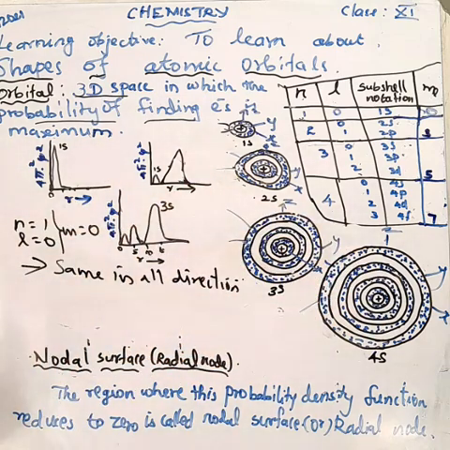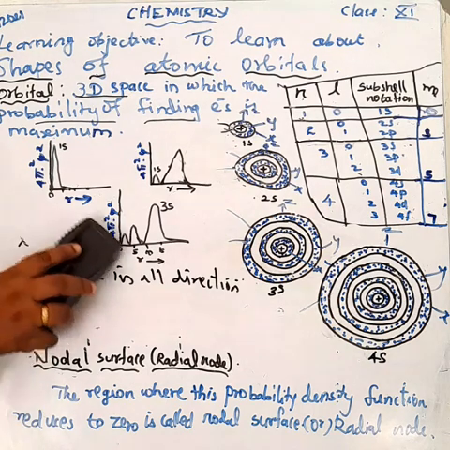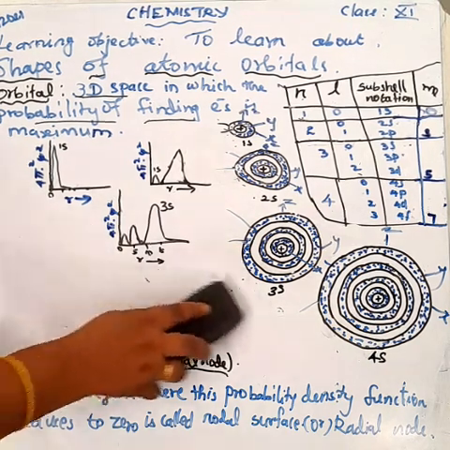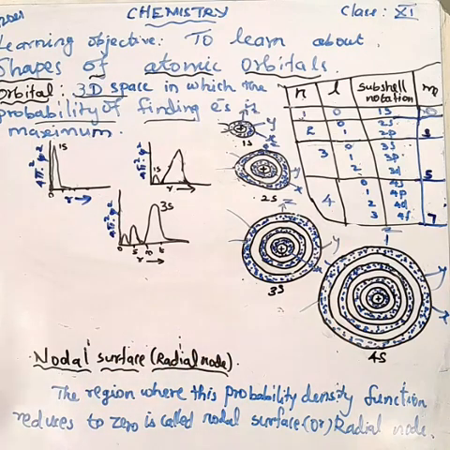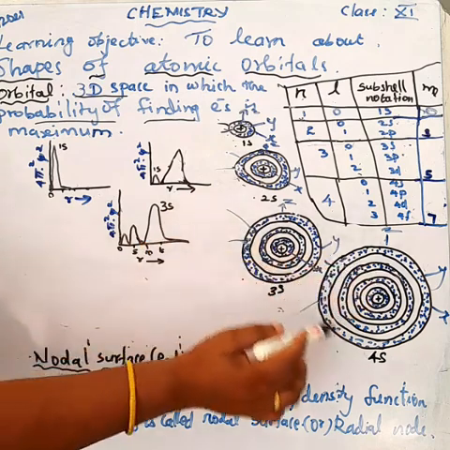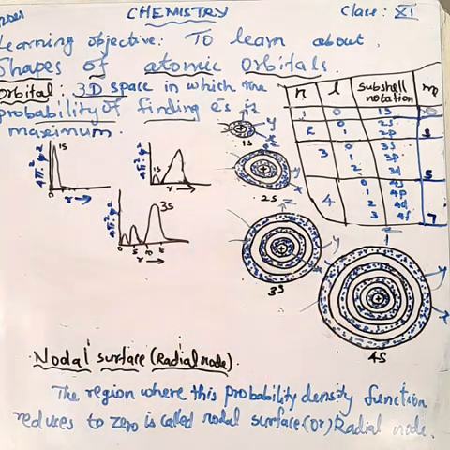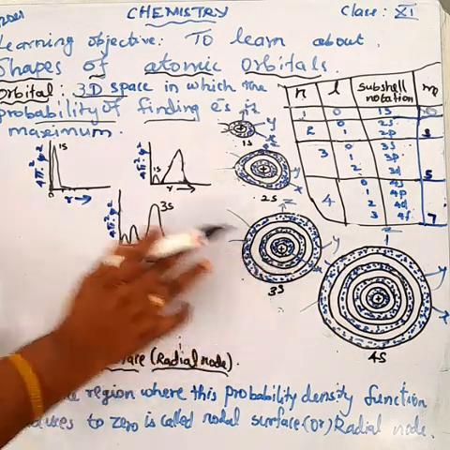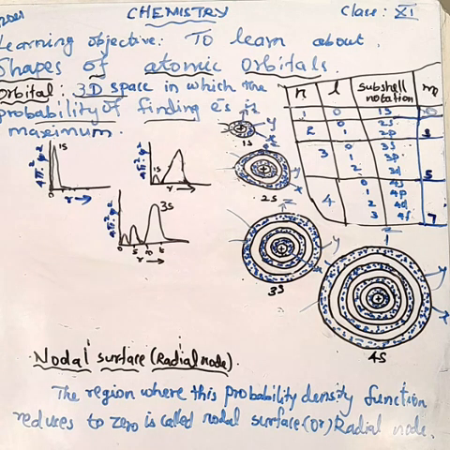Understood? Remember that the s orbital is spherical in shape.